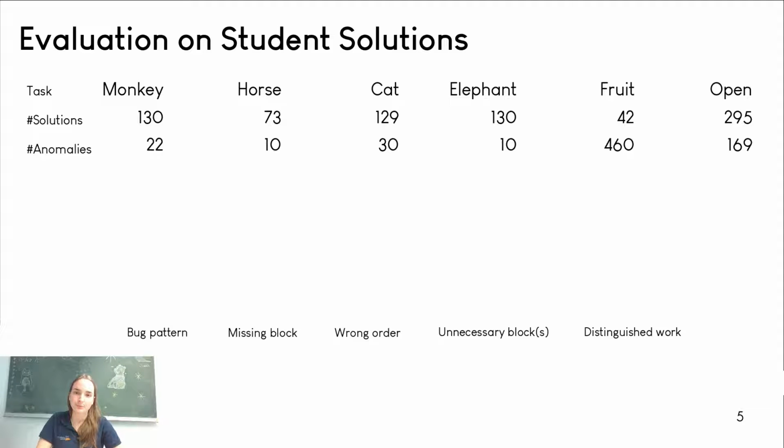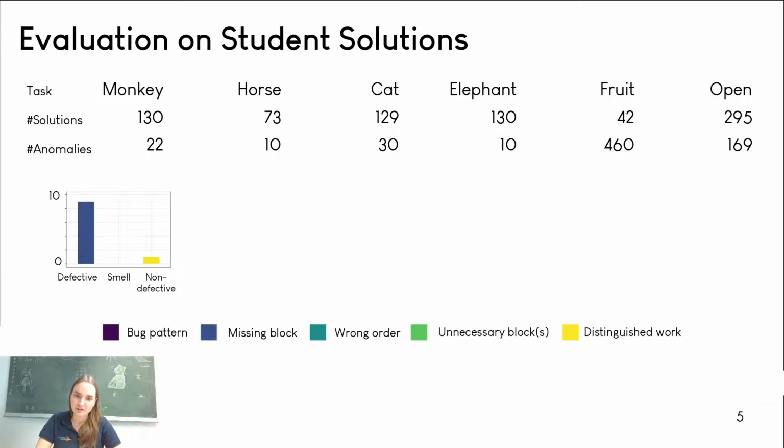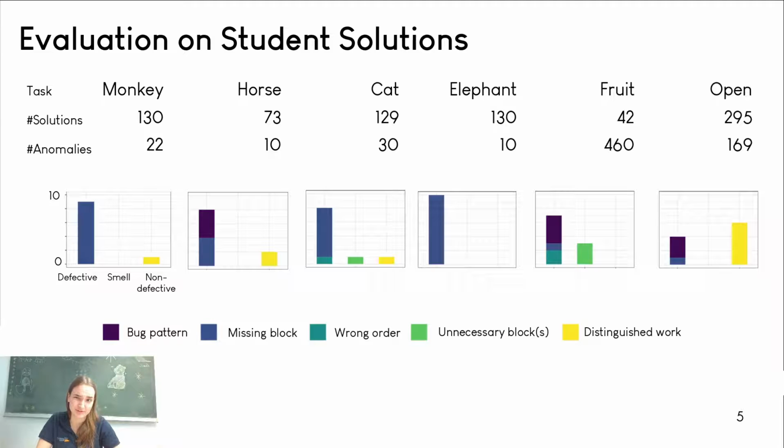In general, we found that the majority of all the top 10 classified anomalies hint at defective code. For example, if you look at the results for the monkey task, you will see that 9 of the 10 anomalies actually hint at defective code. That pattern repeats for basically every one of those 6 tasks, except for the open task.